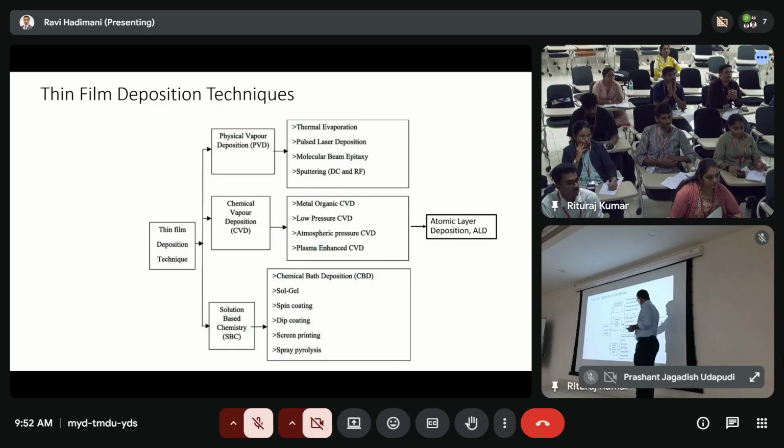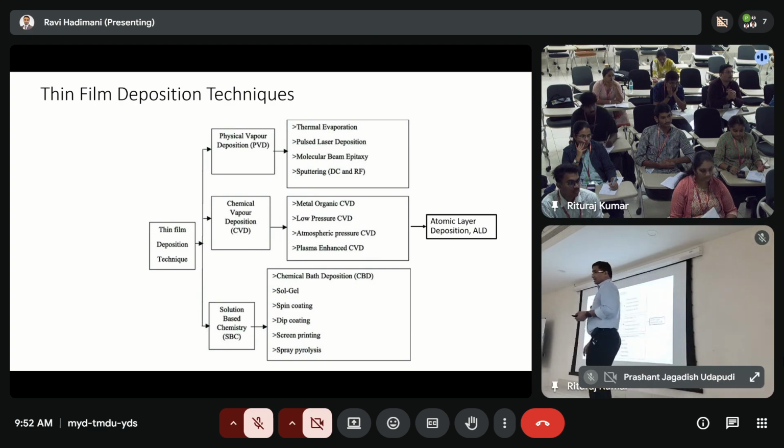We'll look at some examples of chemical vapor deposition, called CVD, and PVD, physical vapor deposition. There is also plasma vapor deposition. Then there is atomic layer deposition, which is ALD, quite popular, and with that one you can deposit atom by atom.